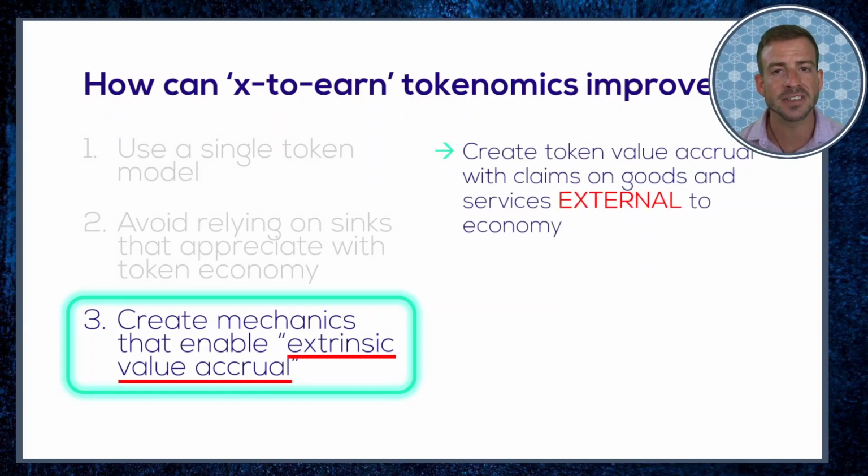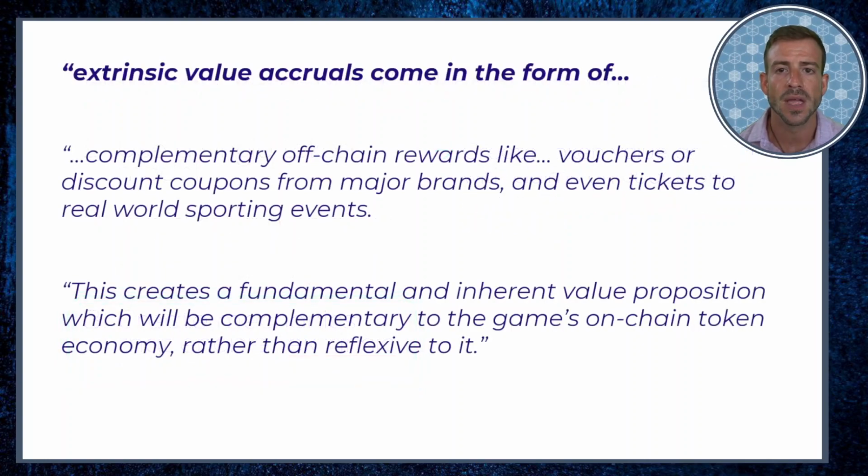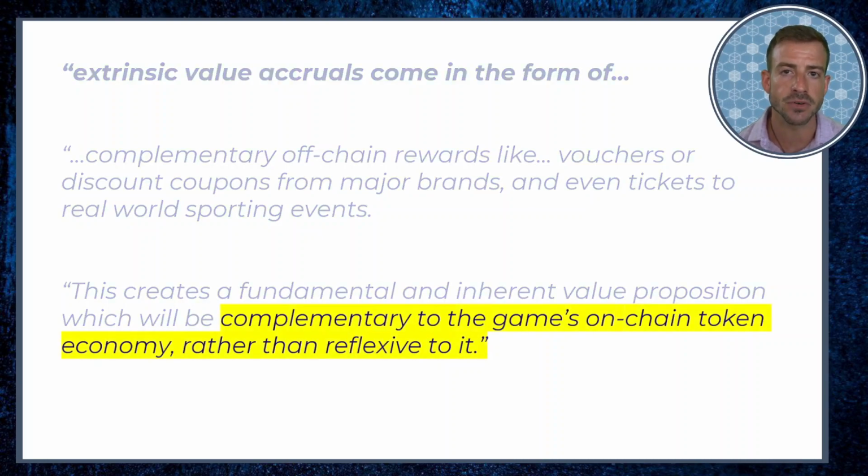So instead of only designing our tokens to claim value within the economy, better design should be able to offer users, and I quote, "complementary off-chain rewards like vouchers or discount coupons from major brands, or even tickets to real-world sporting events. This creates a fundamental and inherent value proposition which will be complementary to the game's on-chain token economy rather than reflexive to it." And this is the key phrase here: complementary to the token economy rather than reflexive to it.